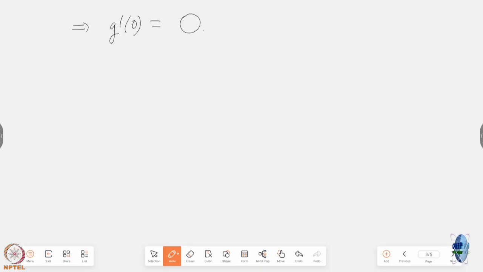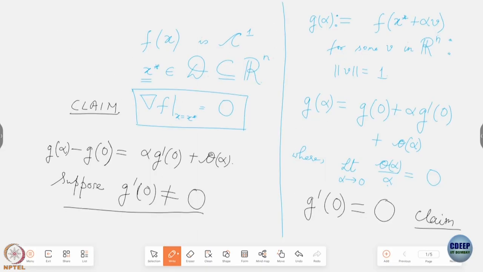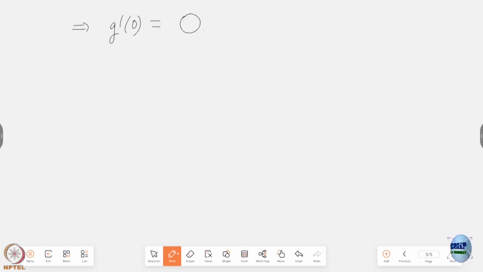Okay? But we are still not seeing the light at the end of the tunnel. We are still talking in terms of G, not in terms of the original F. Let's see how we can get there. We'll have to relate G with F, and of course we have defined it.